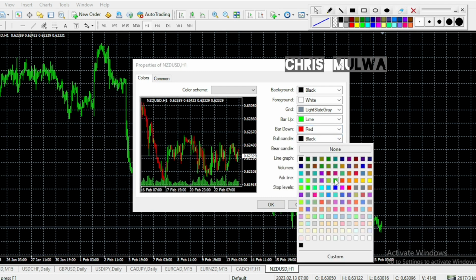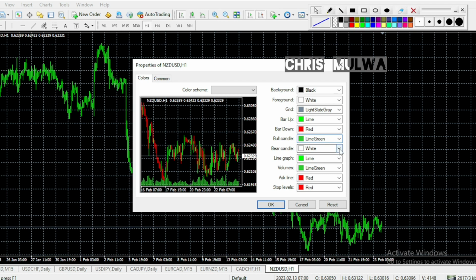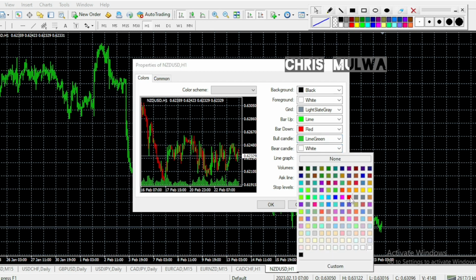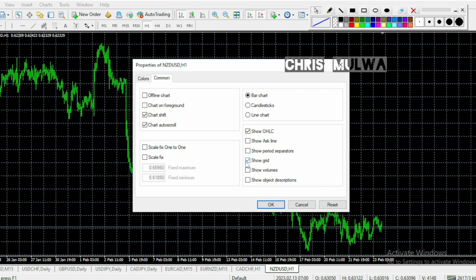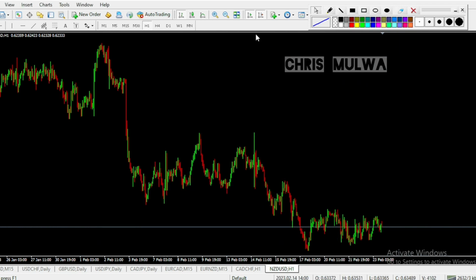Bull is green, this is going up. Bearish is down, I'm putting red. Then I remove the grid, but show the ask line. Then I put okay. You can see that the market looks better now. The chart is better.